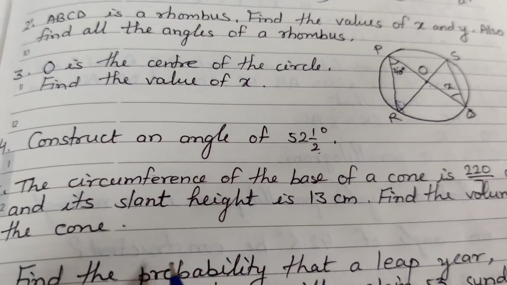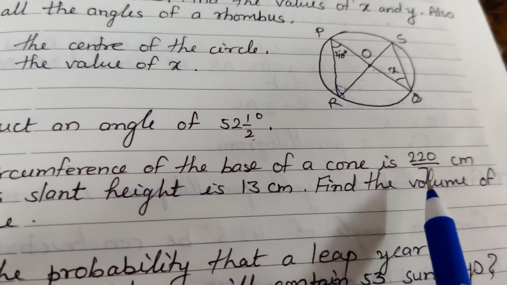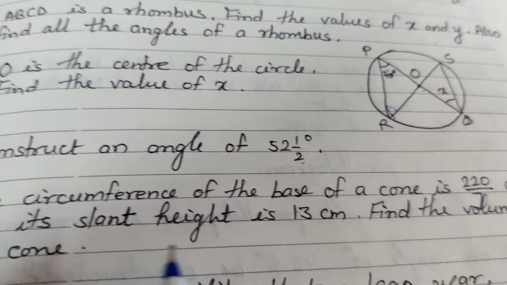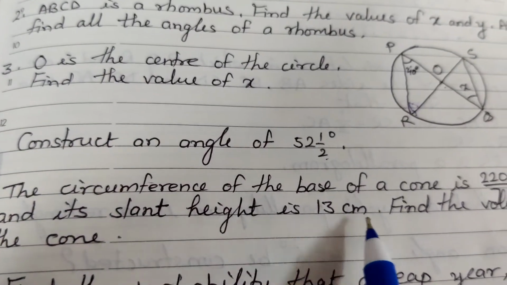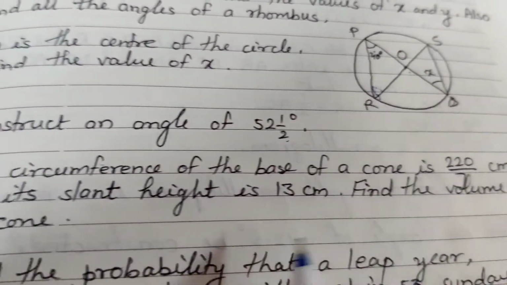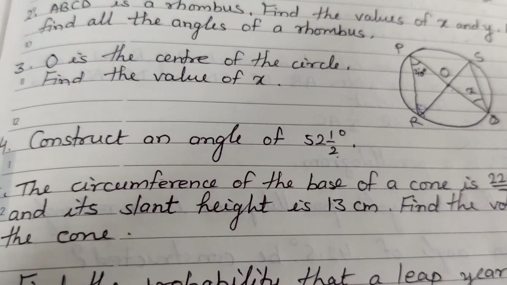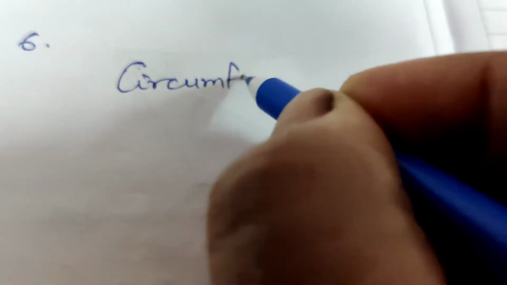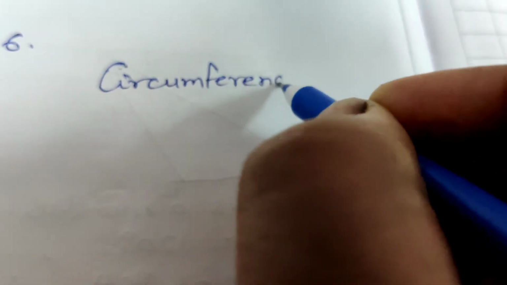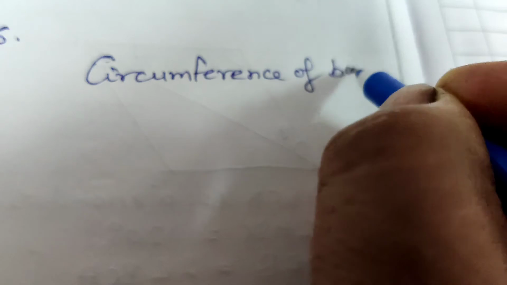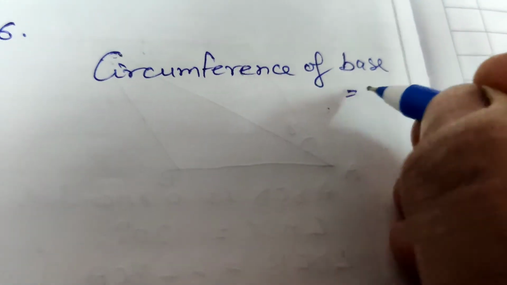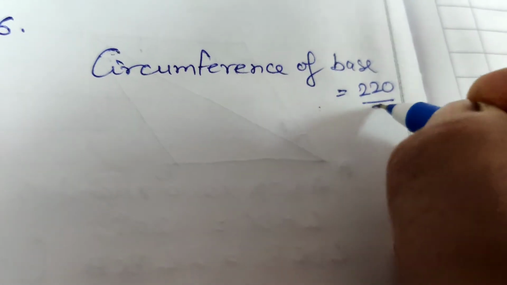Question number 5. The circumference of the base of a cone is 220 by 7 centimeter and its slant height is 13 centimeter. Find the volume of the cone. The circumference of the base equal to 220 by 7 centimeter.